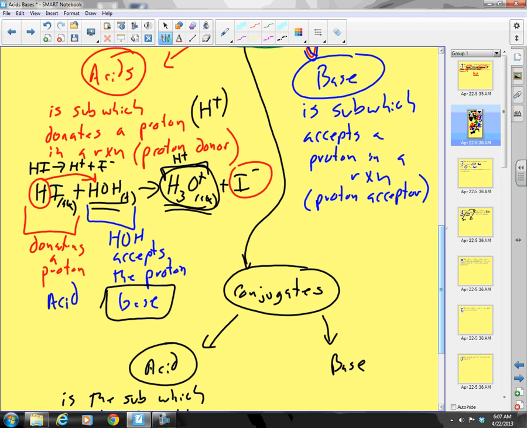Well, after it accepted it, it becomes hydronium. So that means this is my Lowry Bronsted base, which makes this its conjugate acid. This is the conjugate acid. It is my water after it has accepted the proton.